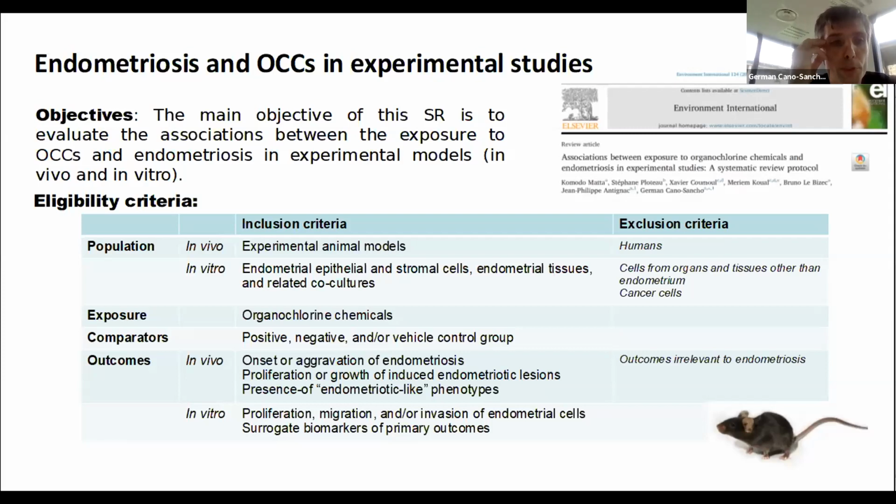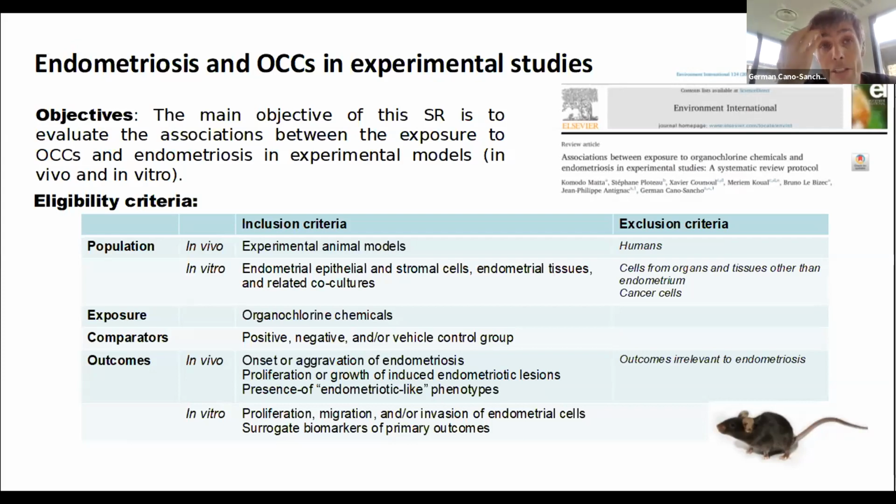So we developed the protocol that was published last year, and we developed the PICO statement also considering all organochlorine chemicals in a broad way, because we show that those chemicals are very tightly correlated in human specimens, so we cannot isolate one of them.